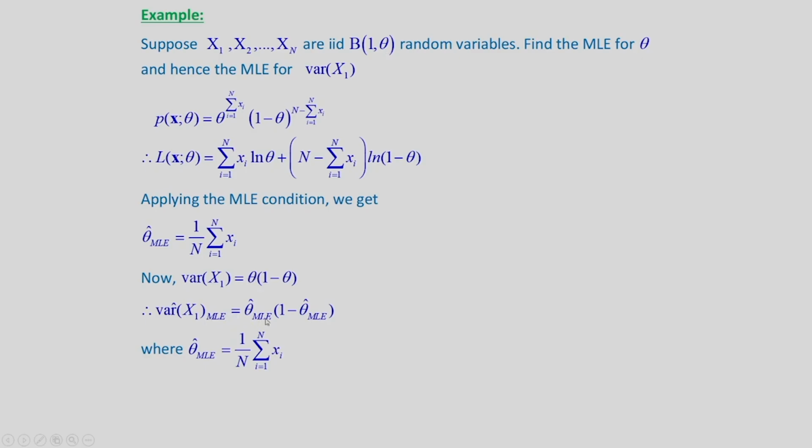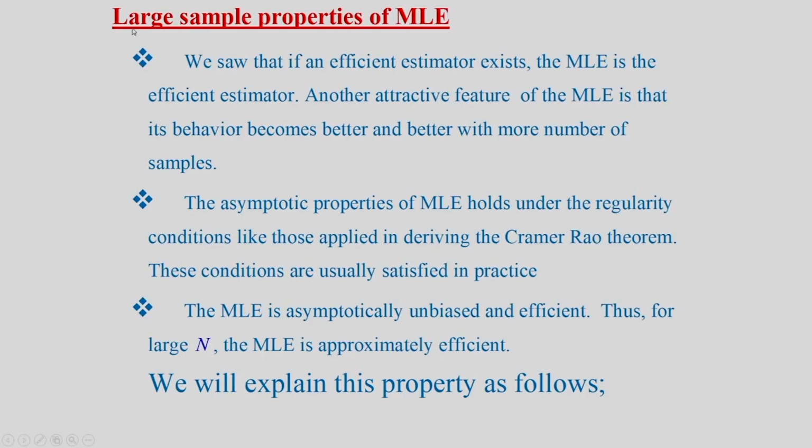So, theta hat MLE into 1 minus theta hat MLE, where theta hat MLE is given by the likelihood estimator of theta given by this expression. So, that way we have seen the application of invariance property of maximum likelihood estimator, and this has many uses in signal processing. Now, we will discuss large sample properties of MLE.